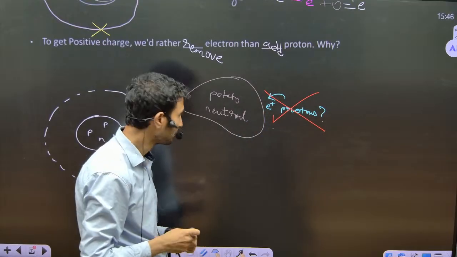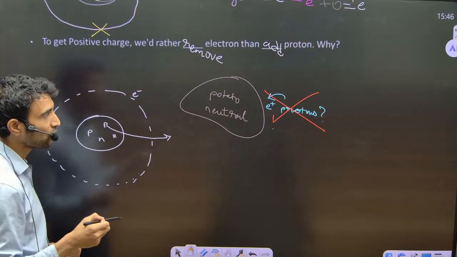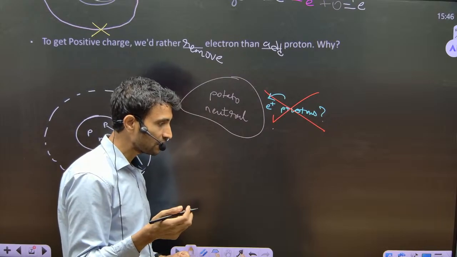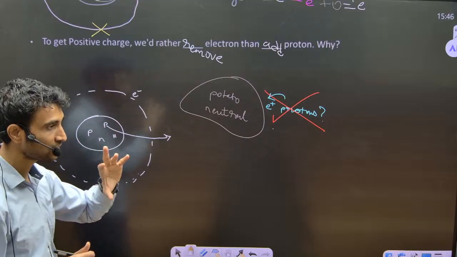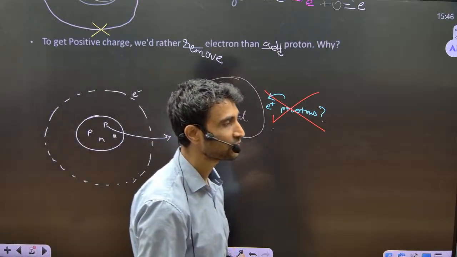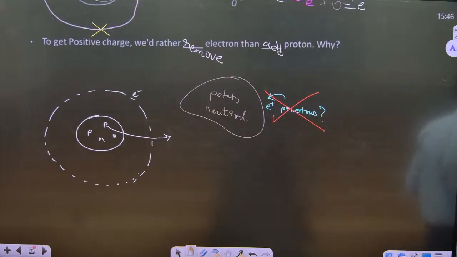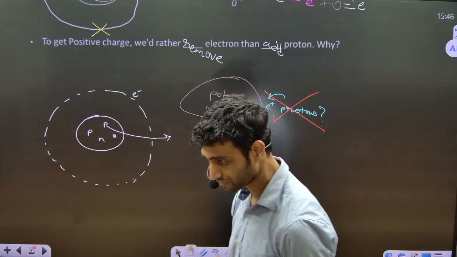From the nucleus. And to remove a proton from the nucleus will start what sort of reaction? If you try to disturb the nucleus, what sort of reaction are you moving towards? That is called a nuclear reaction, right?